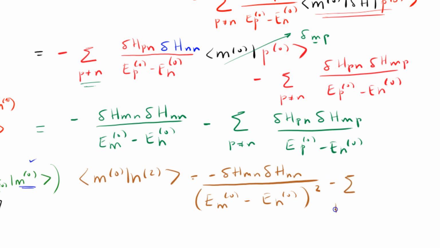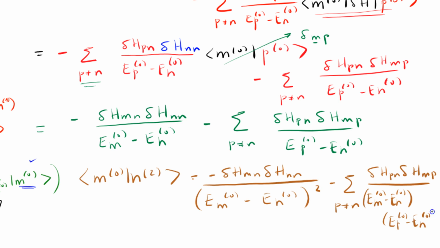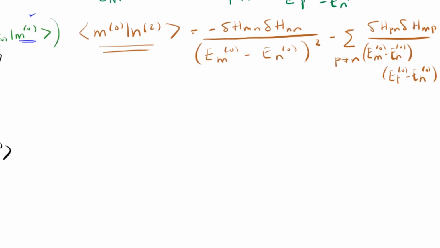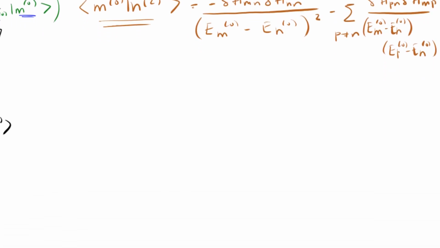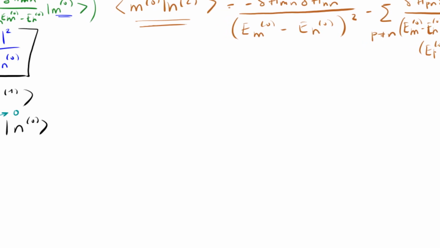Minus sum over P does not equal to N, delta H P N delta H M P over EM0 minus EN0 multiplied by EP0 minus EN0. Okay, so these are just the matrix elements. These are the projections that we were talking about before. So if we want to write the full state, we're going to need a lot of room here.